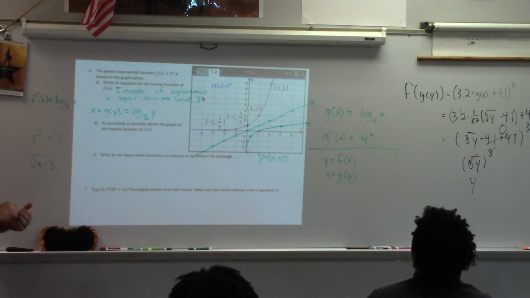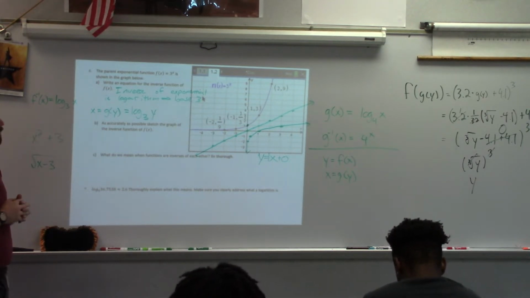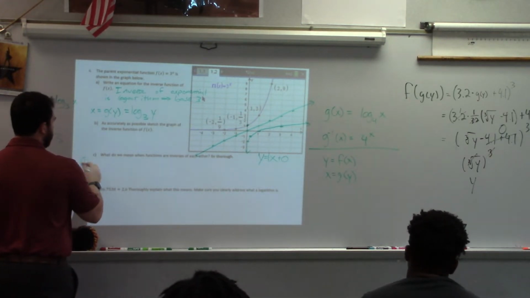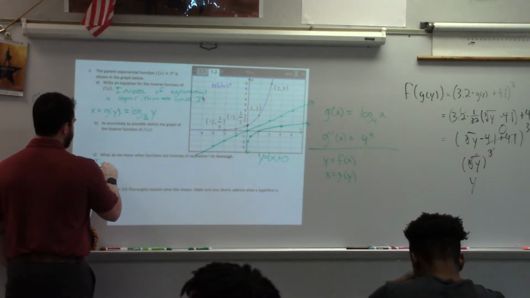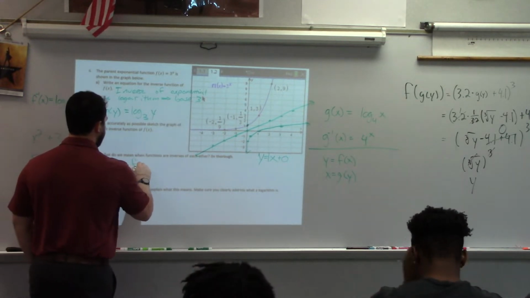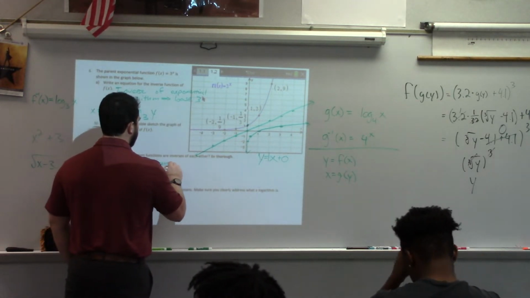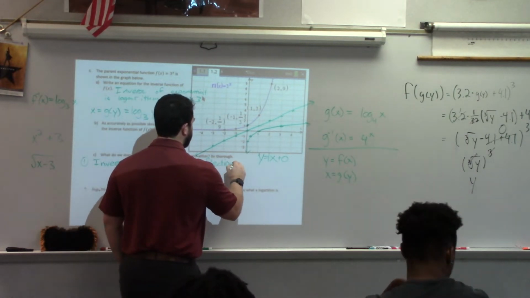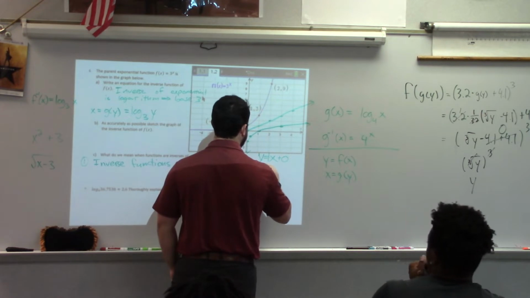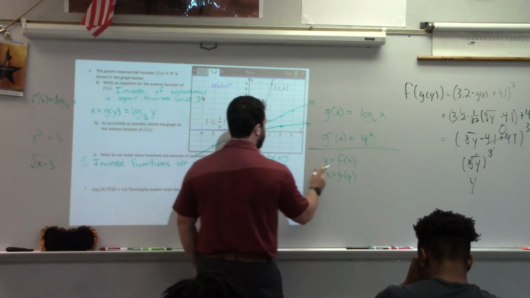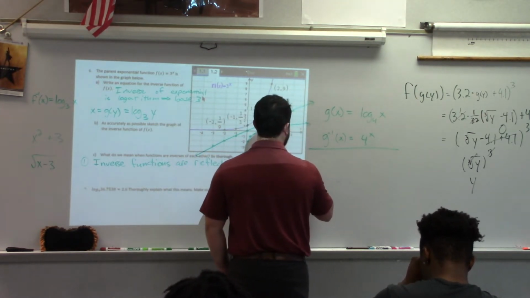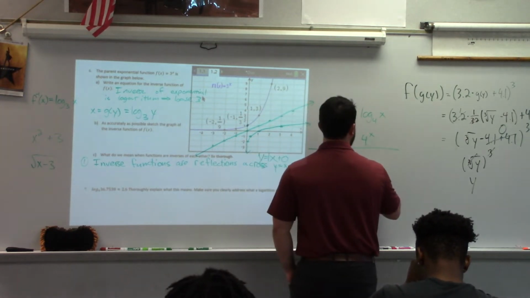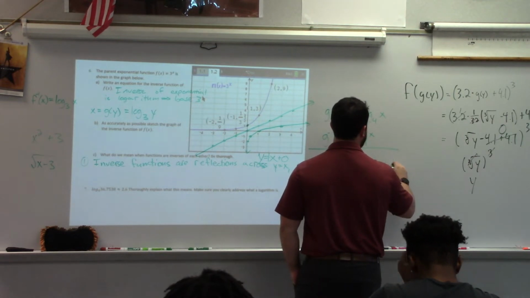So if this was to be on the test, and they said explain what inverses are, what would be good? Well, there's two parts to it. One, inverse functions are reflections across y equals x, so the inputs and outputs switch.